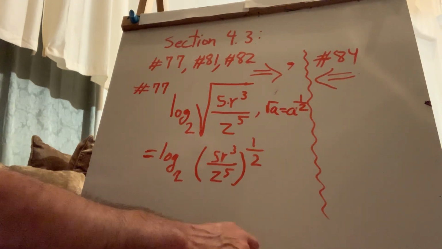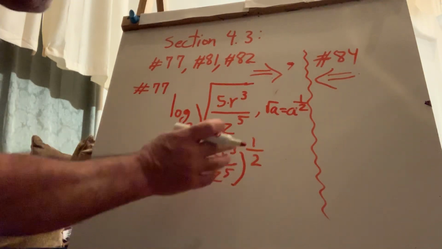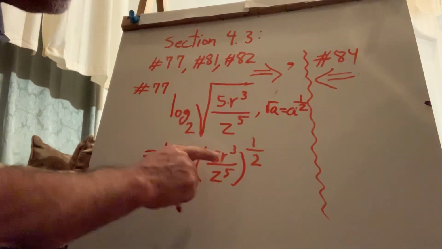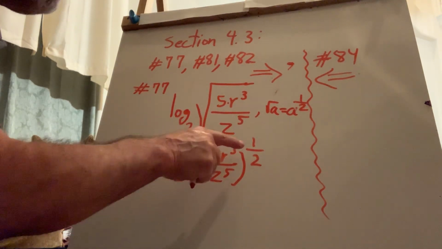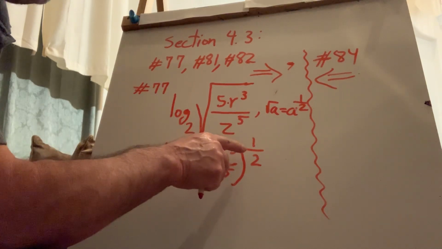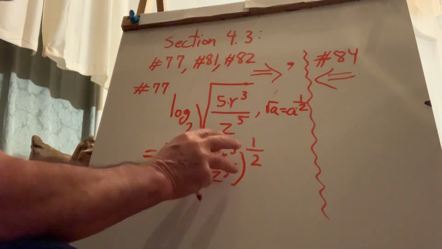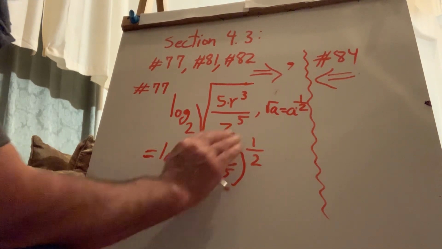So now the first thing we're going to do is remove the very first exponent, because you still have log of something to a power. So we can apply the power property, not only within these expressions, but even to the whole thing on the outside. What you have is log base 2 of something to a power, and the rule doesn't care what you have in there, as long as you have something to a power.